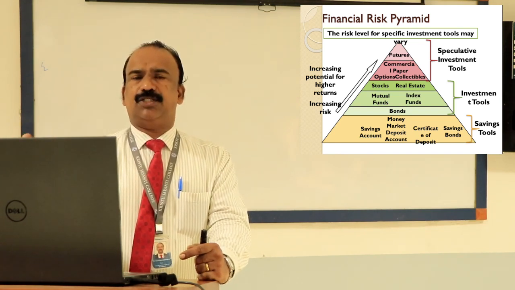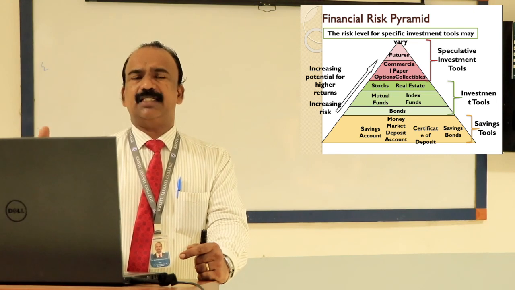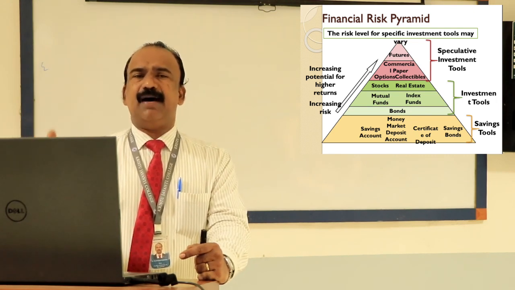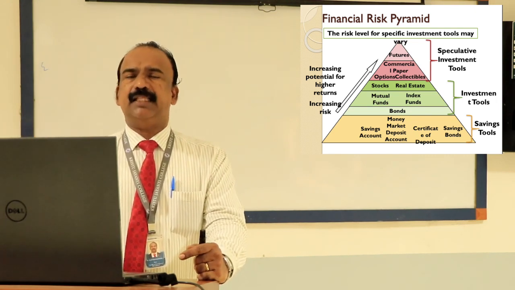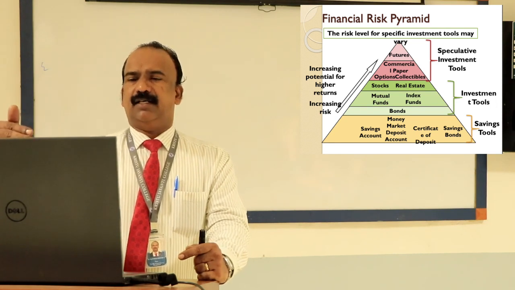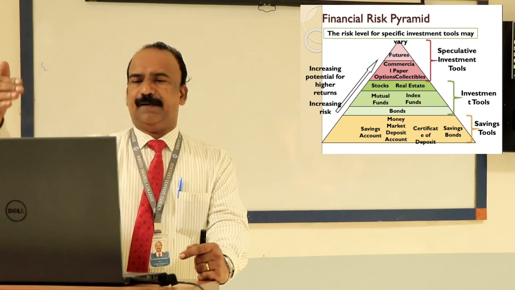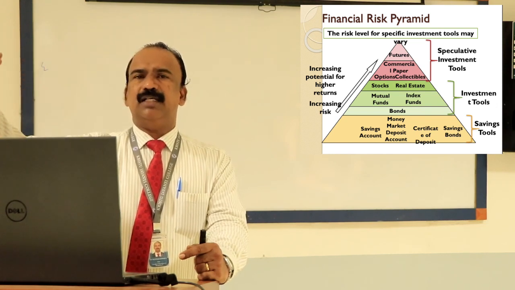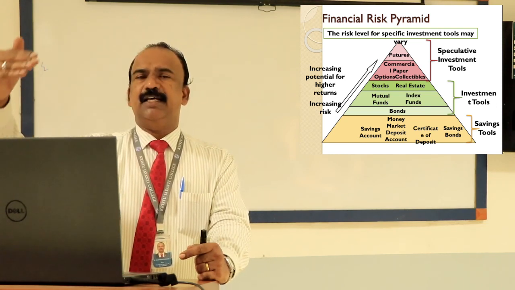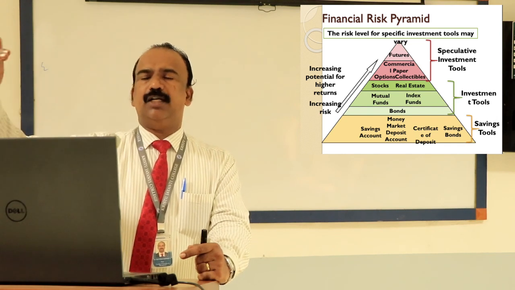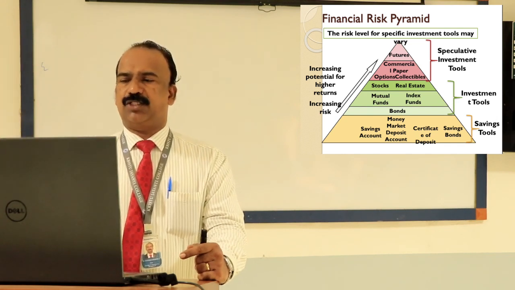Coming to bonds or debentures, they have relatively higher risk in comparison to bank deposits. Then mutual funds. Then it moves to stocks and real estate, relatively higher. And we talk about financial derivative instruments, futures and options, which are called speculative investment tools.